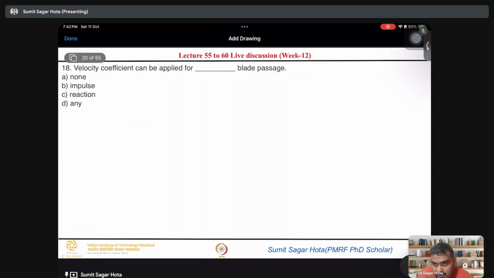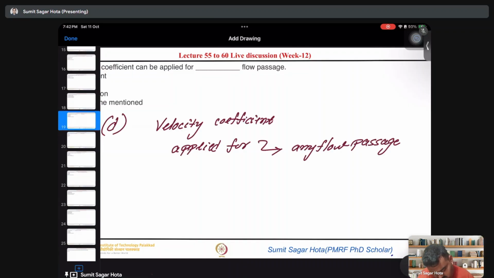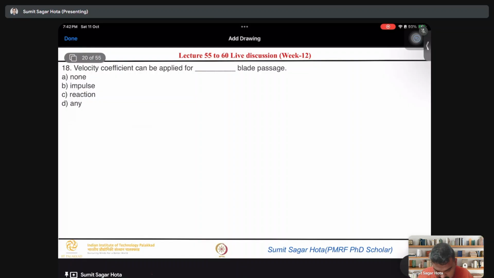Velocity coefficient can be applied for dash blade passage. The answer is D, any of the flow passage.